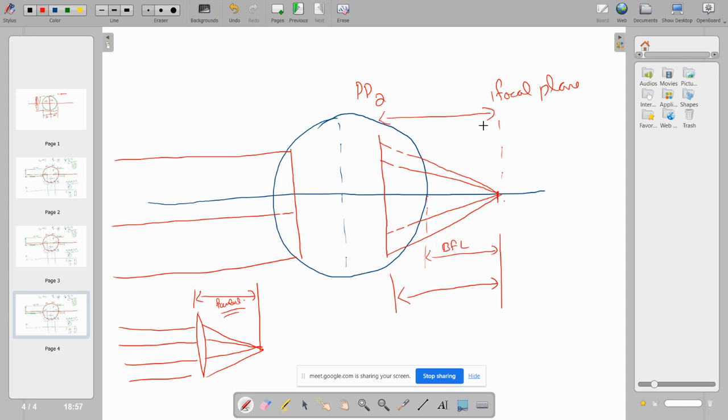This is what? Image distance? No, no, it's not image distance. Now you got a clue from here. This is focal length. If you measure from the back side of your lens, then it's the back focal length. Here you are replacing this whole sphere and just making two planes.